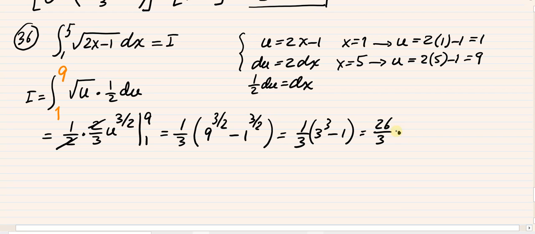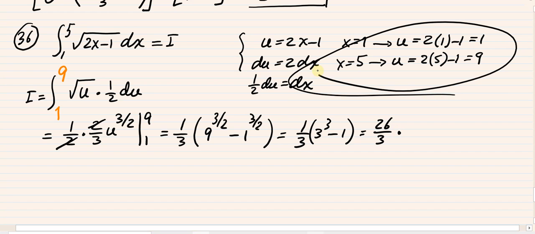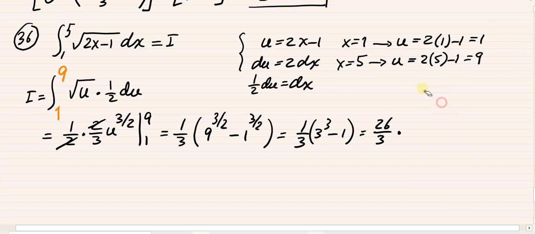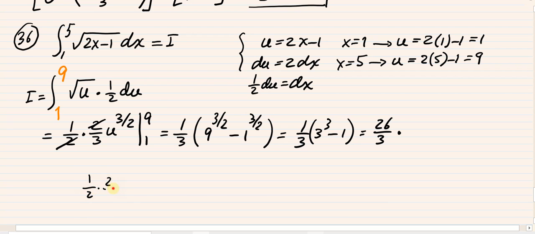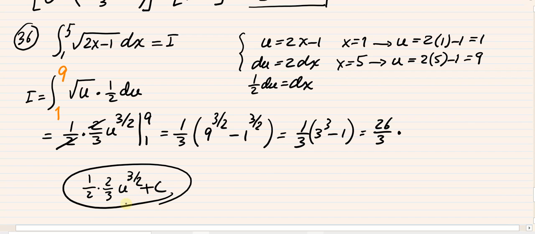Okay. The alternative, some people like doing it this way. They don't like the fact that you have to change the limits of integration. So the alternative is to work this integral as an indefinite integral, meaning don't put the limits on it. And in the end, once you have your answer, which is going to be like 1/2 and then 2/3 u to 3/2 plus a constant, you replace u with x, whatever you let it be, 2x minus 1 in this case, and then attach the old limits.